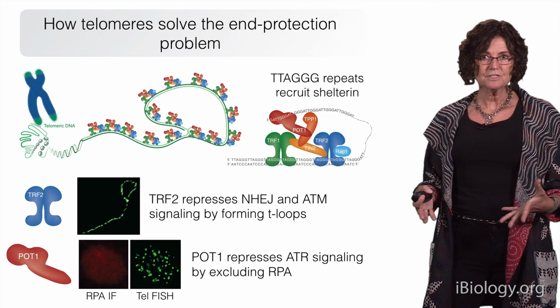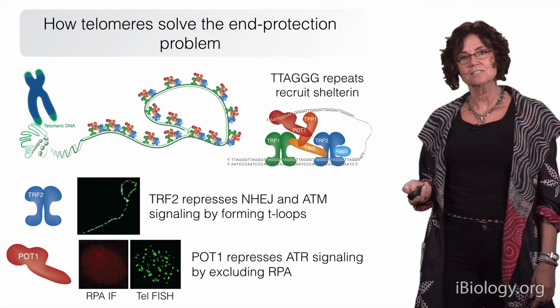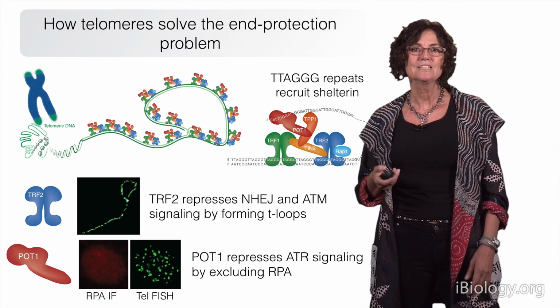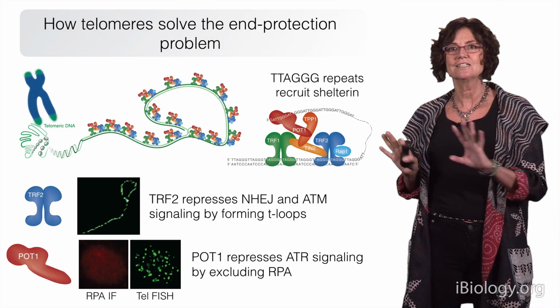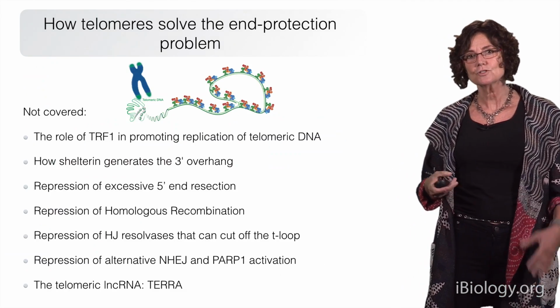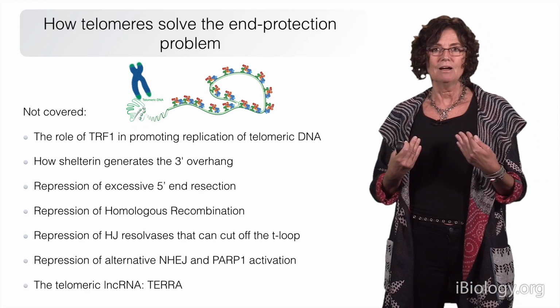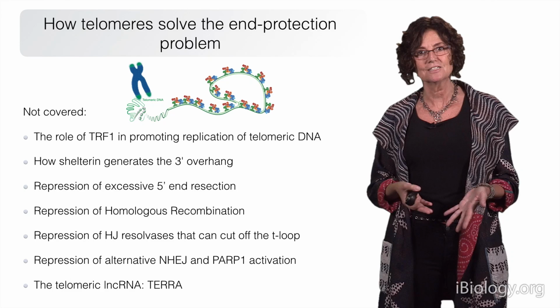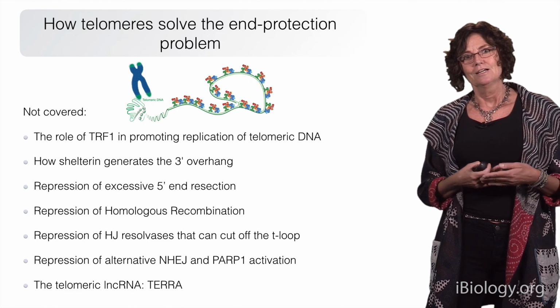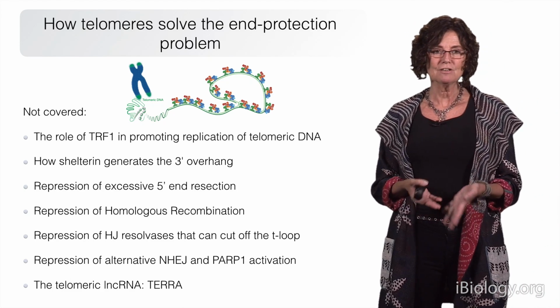Now, I've discussed this in some detail, but I must say there is much else about telomeres that I haven't been able to discuss, and I can't leave you with the idea that this is everything. So I'm just quickly going to list the many interesting subjects at telomeres that I haven't had time to go into. I haven't talked to you about TRF1.